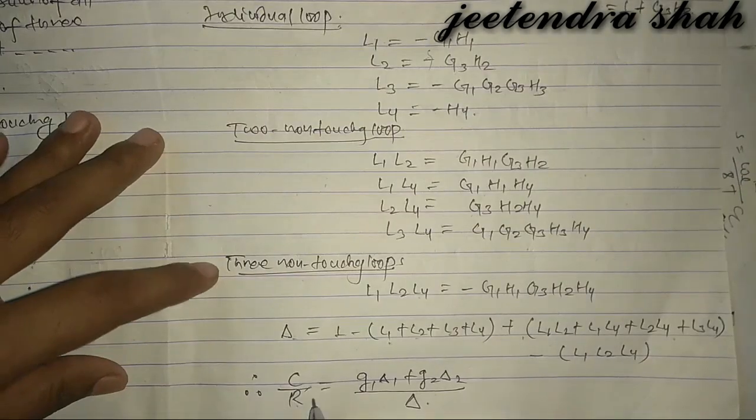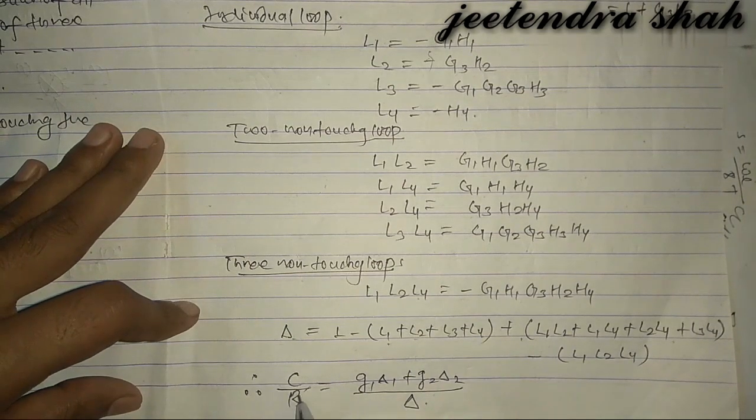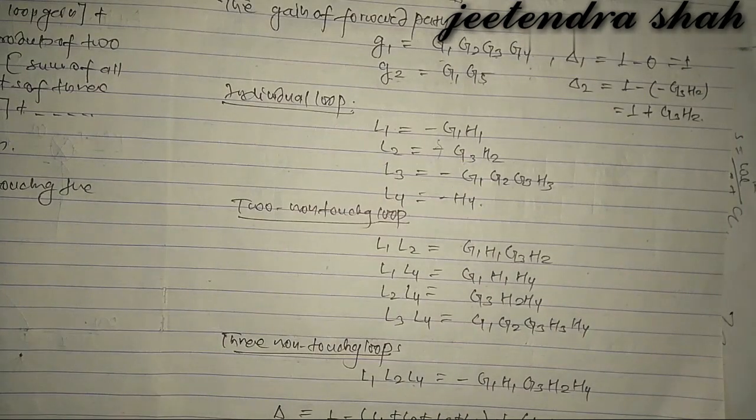So by substituting all the values here, we'll get the overall transfer function, the ratio of C upon R. So in this way we can solve these problems.